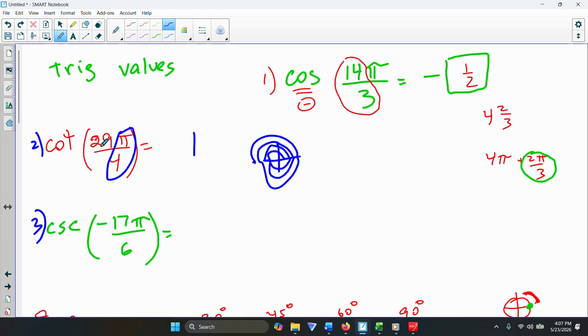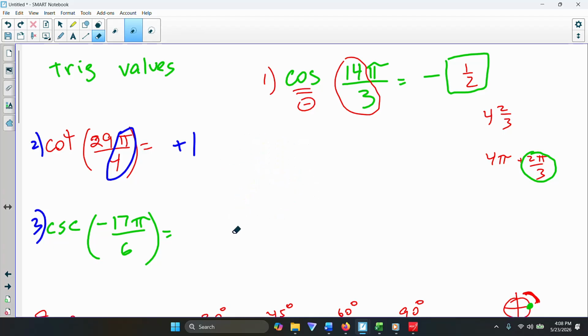So to go one more, we are in the third quadrant, right? And both tangent and cotangent are positive in the third. There's my answer. And without the explanation, it probably takes me 5 seconds to visualize this. Okay.